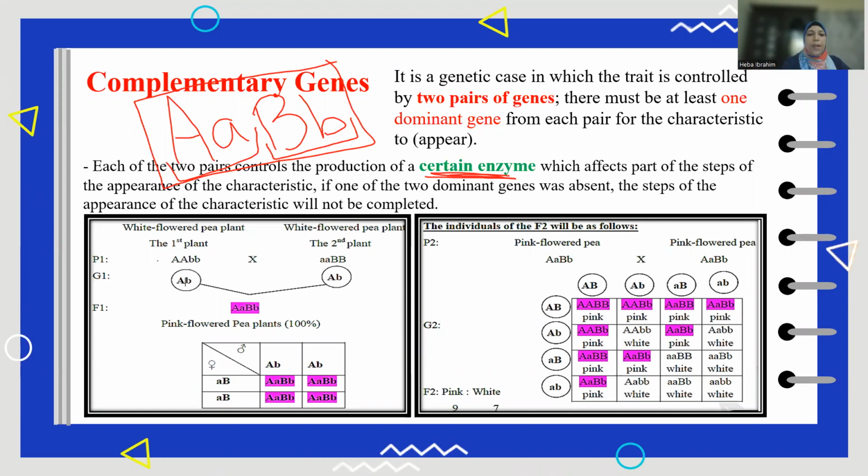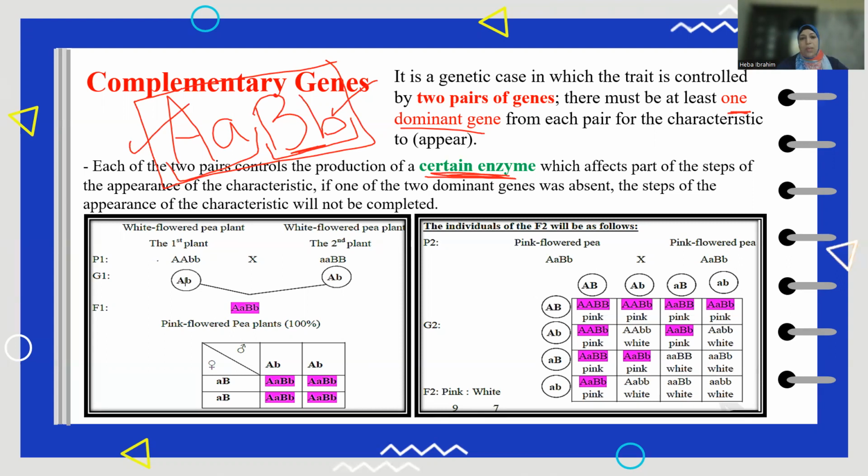So if pair number 1 contains at least one dominant gene, the enzyme will be produced and the reaction will take place. If the second pair contains at least one dominant gene, the second enzyme will be produced and the second reaction will be completed for the dominant trait to appear. So this case is called complementary genes.